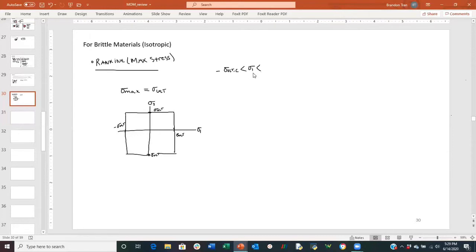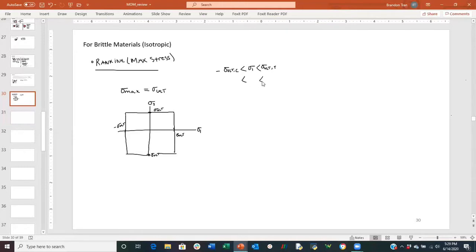Failure won't occur, or the criteria of failure won't occur, if your principal material direction is between the ultimate compressive strength and the ultimate tensile strength. Ultimate tensile strength being positive because it's tension for nomenclature.